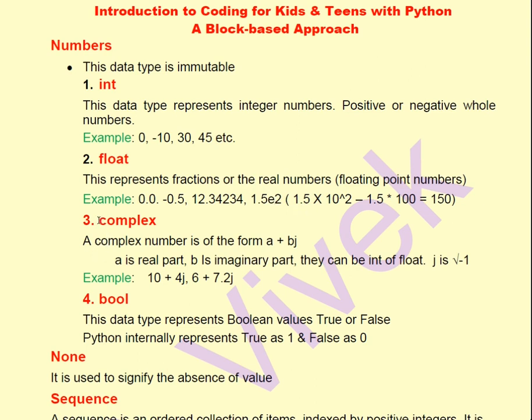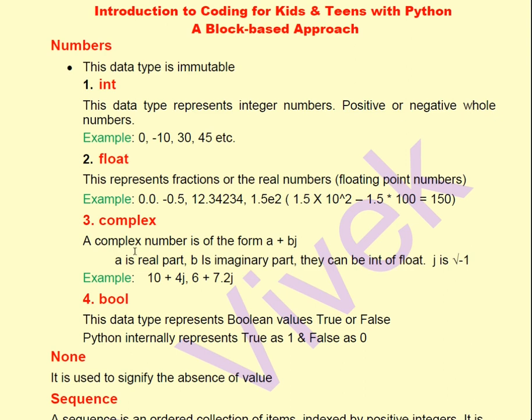The third numeric type is complex. A complex number is of the form a plus bj, where a is the real part and b is the imaginary part. They can be int or float.